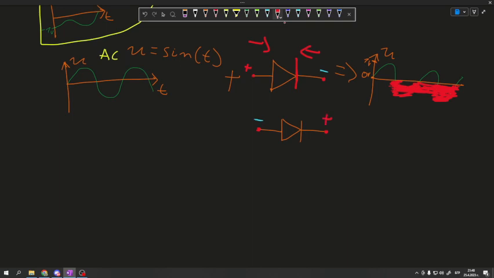And now, as we know, the current flows from the positive into the negative. So current flows from here, and this barrier doesn't allow it to flow. So we remove the negative part.